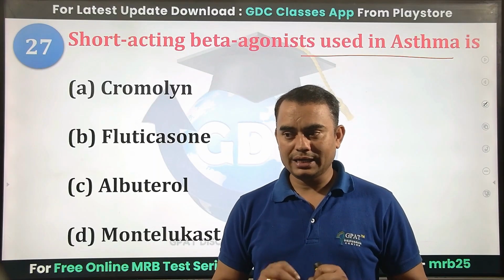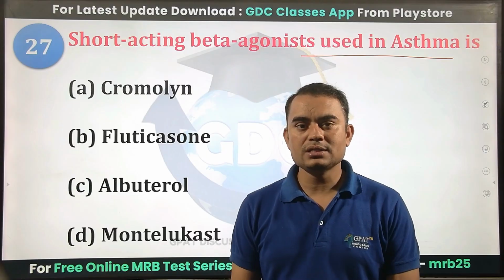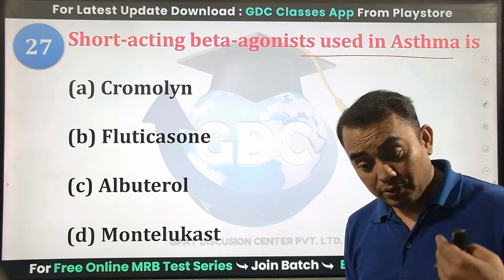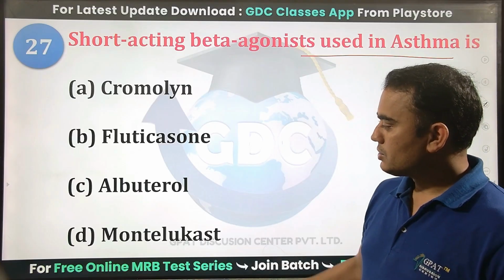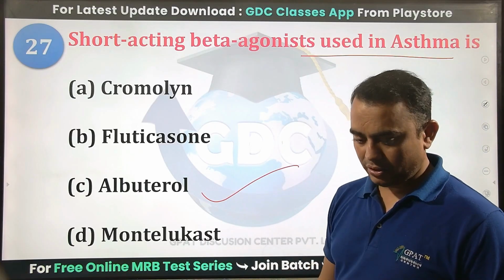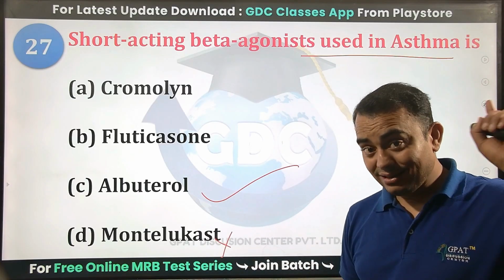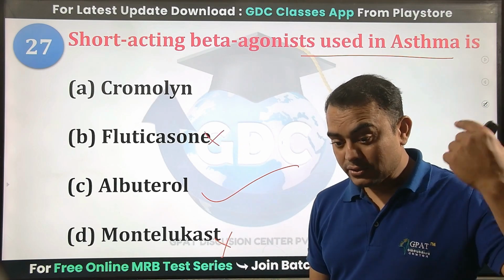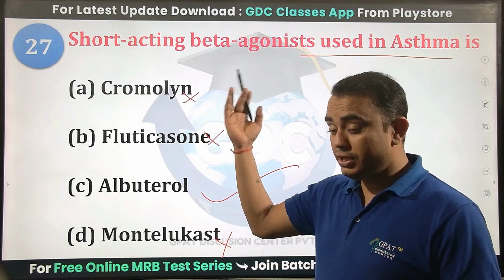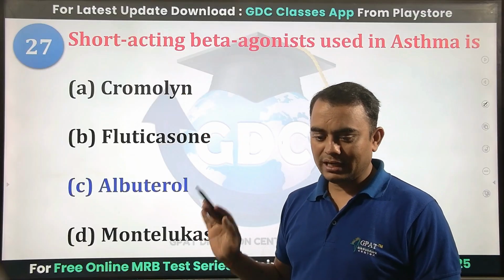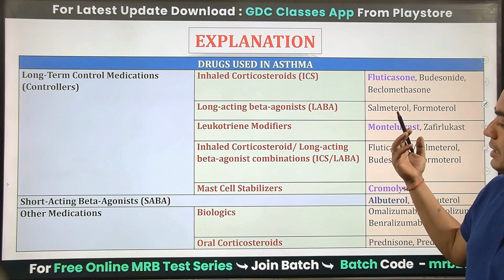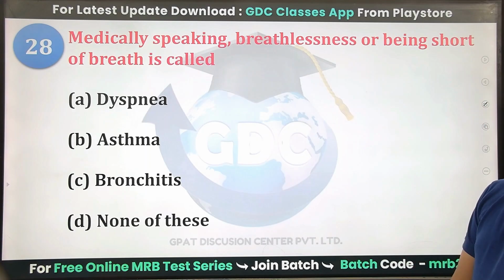Long acting beta 2 agonists are salmeterol, formoterol, bambuterol. So the correct answer is albuterol, because montelukast is a leukotriene receptor antagonist, fluticasone is a corticosteroid, and cromolyn sodium is a mast cell stabilizer.